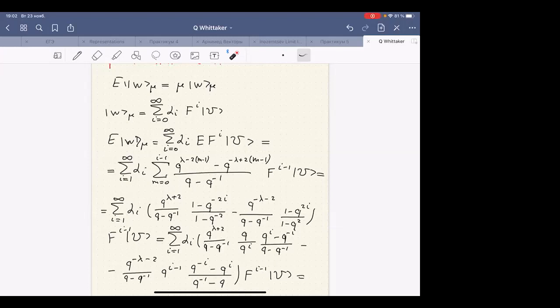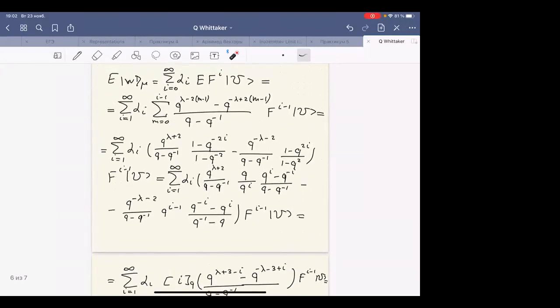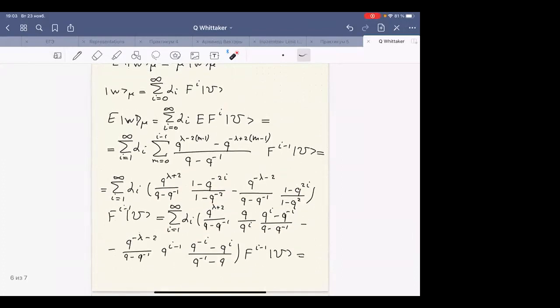let me think a bit. Wait, can we check, for example, i equals 1? You commute E with F to the i. For i equals 1, you should obtain what? q^lambda minus q^-lambda, yes?